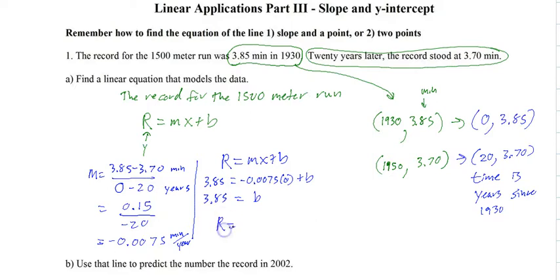This is the other reason why I like converting it to 0. This is now our y-intercept. So I didn't even have to plug it in. I could have just said y equals negative 0.0075. And then are we going to use x or t? I think I'm going to use t for time. Plus 3.85. And there's our equation of the line.